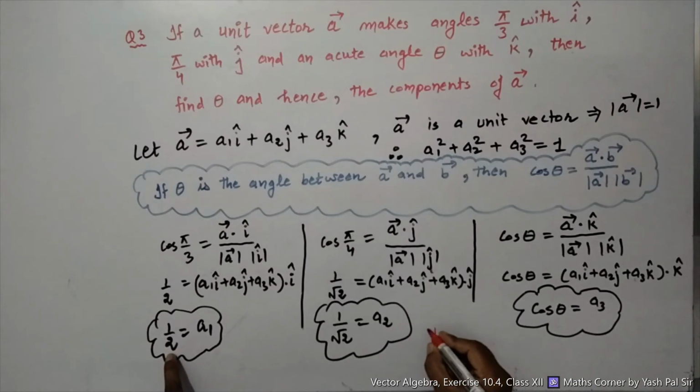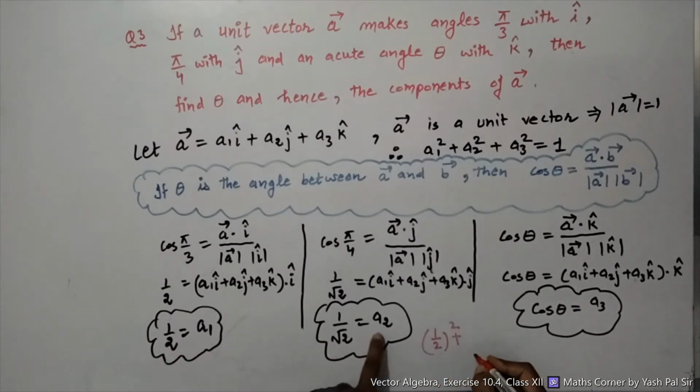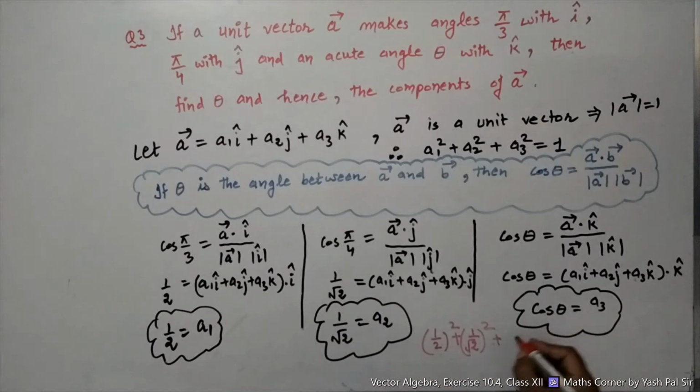It means a1 square, meaning (1 upon 2) whole square, plus a2 square, meaning (1 upon square root of 2) whole square, plus cos square theta is equal to 1. So from here we have 1 upon 4 plus 1 upon 2 plus cos square theta is equal to 1.